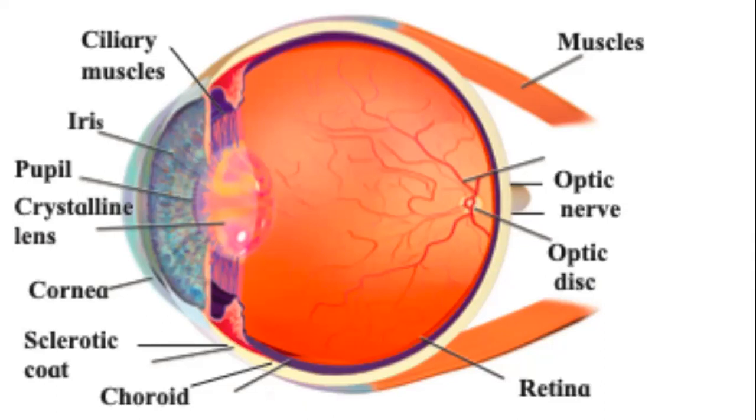What we see when we look at someone's eye is the cornea. Cornea is the transparent cover in front of the eye. It's just like a cover. Transparent cover.